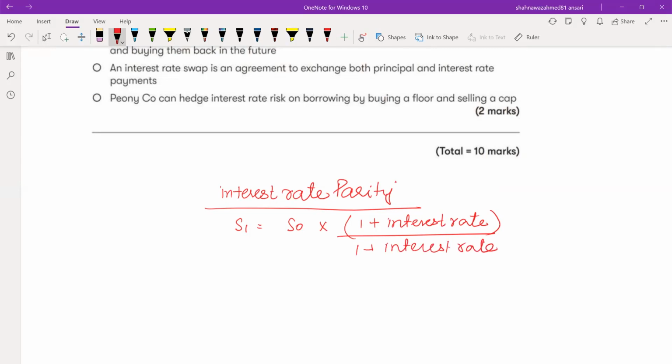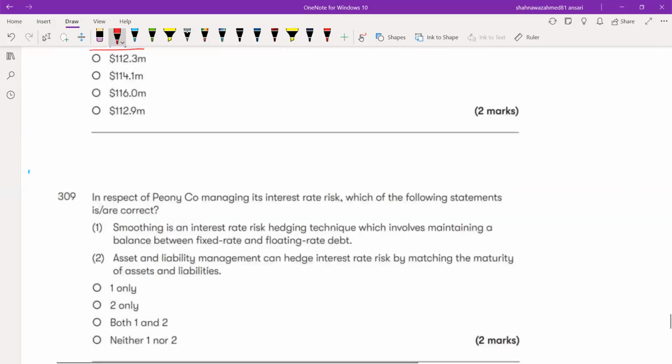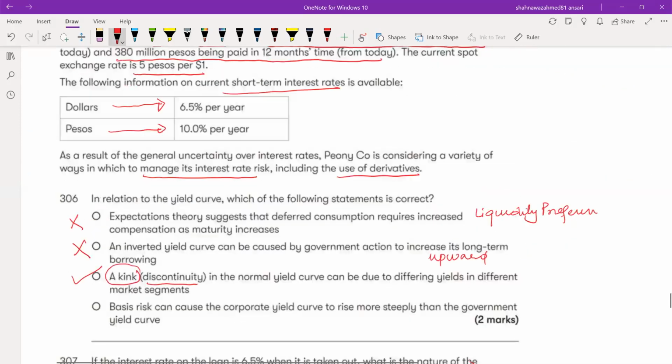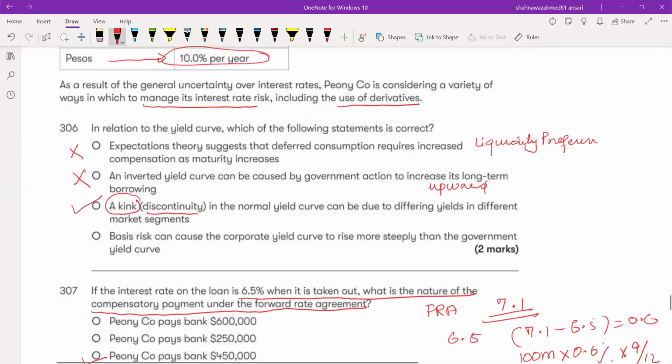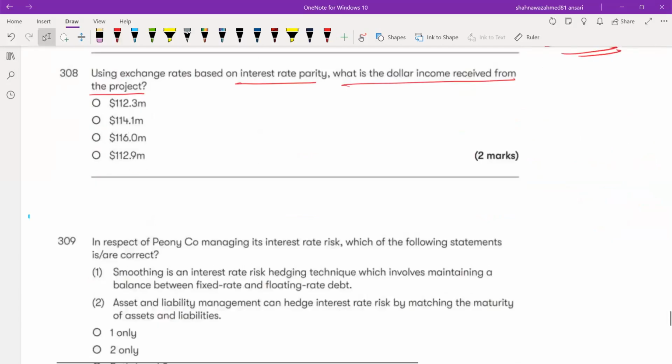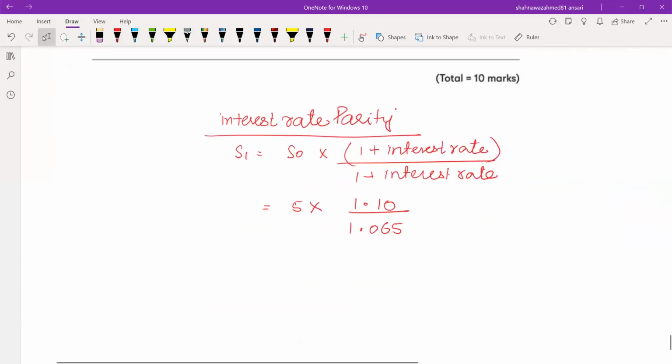So for a 12-month forward, 1.10 over 1.065. This is the peso rate 10% and dollar rate 6.5%. So as a result, the forward rate is 5.1643 peso per dollar.